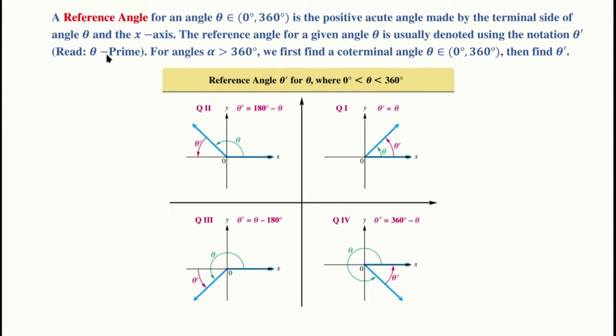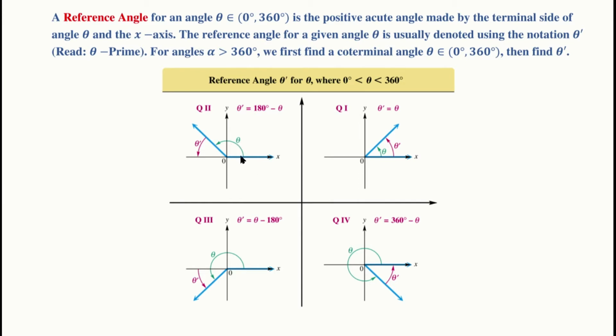That's how you read that, theta prime. Then the reference angle is the small positive angle, the acute positive angle that the terminal side of the angle makes with the x-axis. Now, notice that in the case of a quadrant 1 angle, the reference angle and the angle will be the same. However, if you go to any other quadrant, they won't be the same.